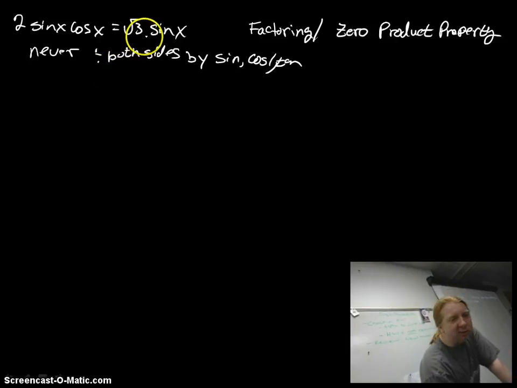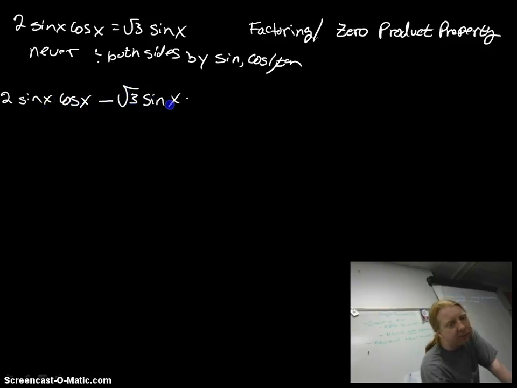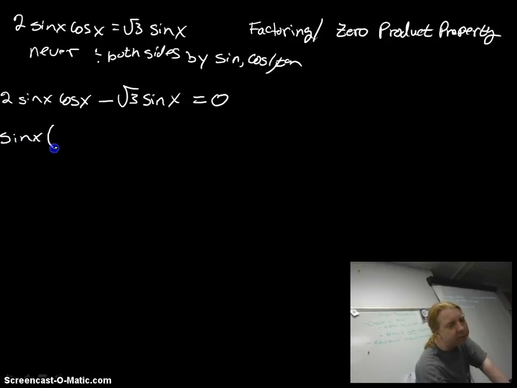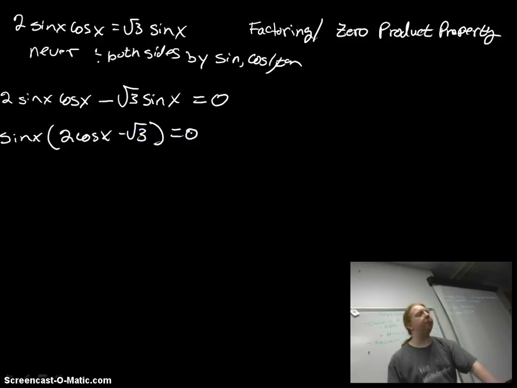What I'm going to do with this instead, ladies, is bring everybody to one side of the equal sign. So I have 2 sine x cosine x minus root 3 sine x, all of that equaling 0. My goal is to use the zero product property. So now I can factor out sine x, leaving me 2 cosine x minus root 3 equaling 0.